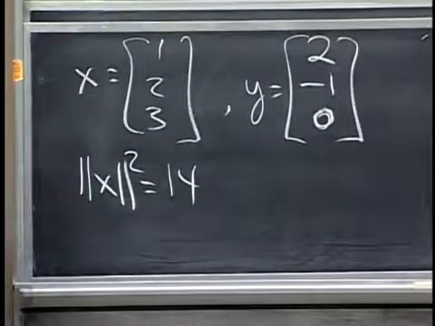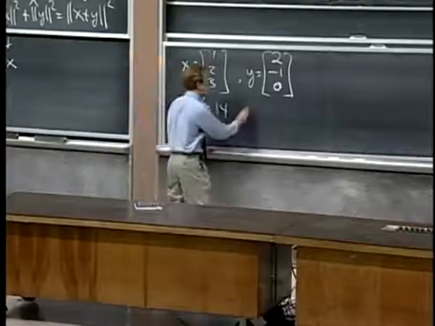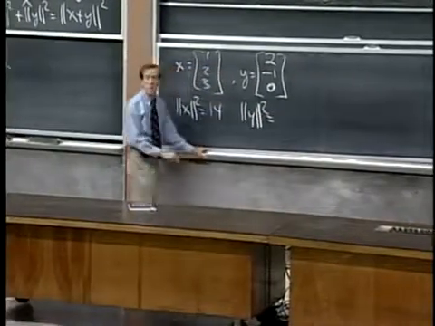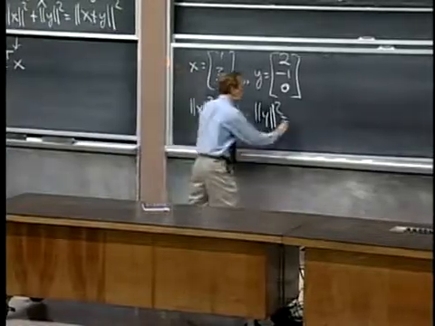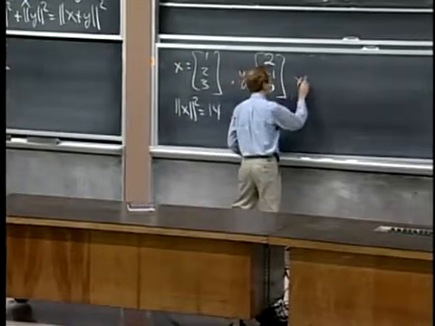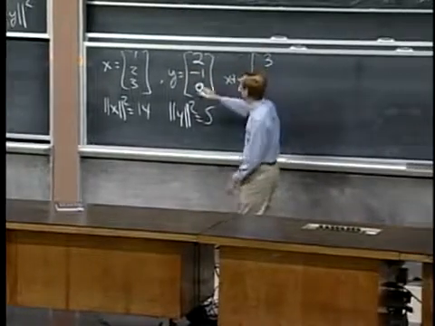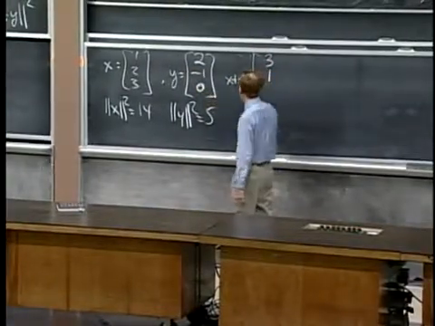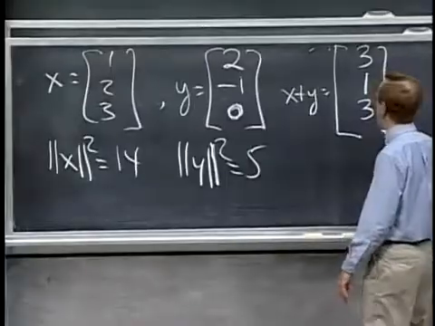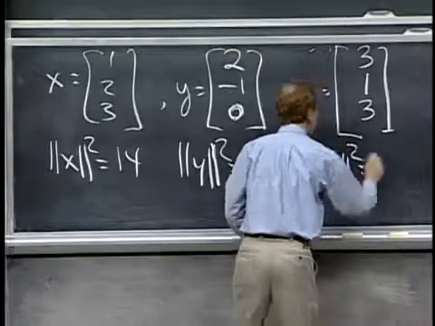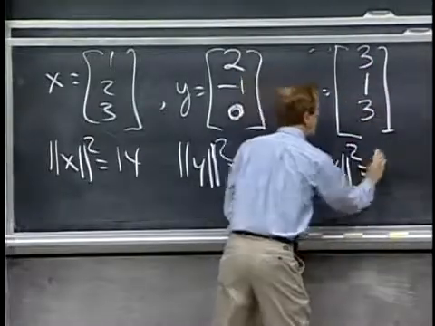Those two vectors are orthogonal. The length of y squared is 5. And x plus y is 1 and 2 making 3, 2 and minus 1 making 1, 3 and 0 making 3. And the length of this squared is 9 plus 1 plus 9, 19.